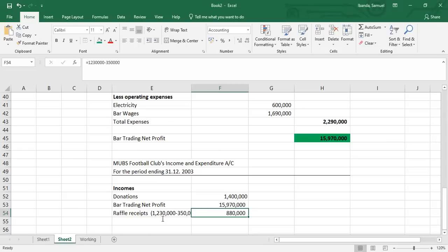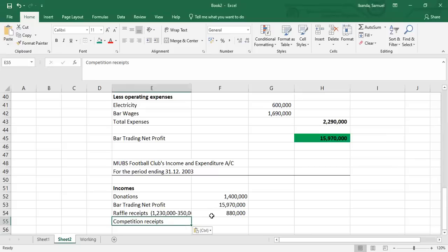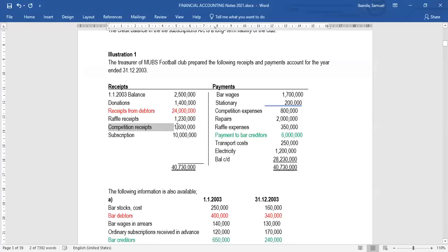Is 880. Now let me look at what I have in it for competition receipts. Competition receipts, I have 1.6, and then I'm going to less 800,000.